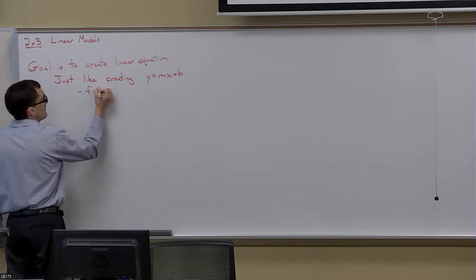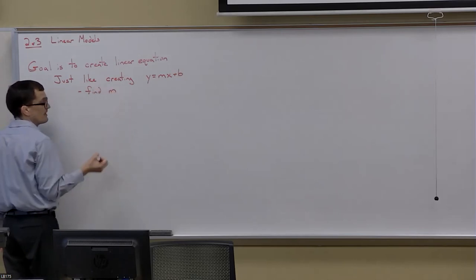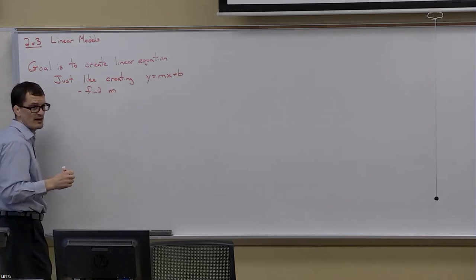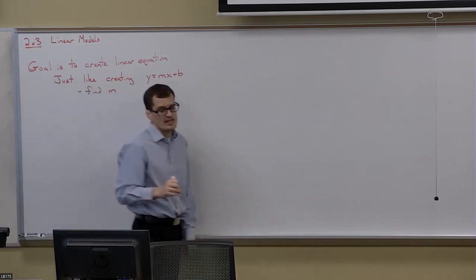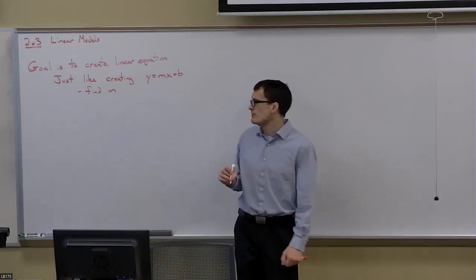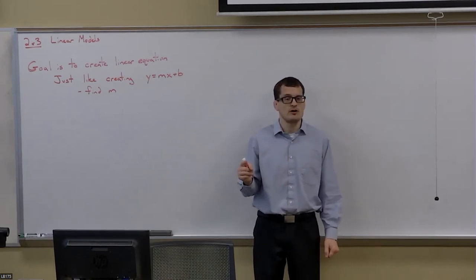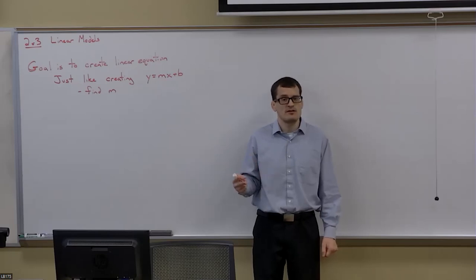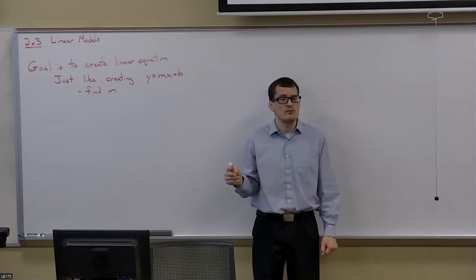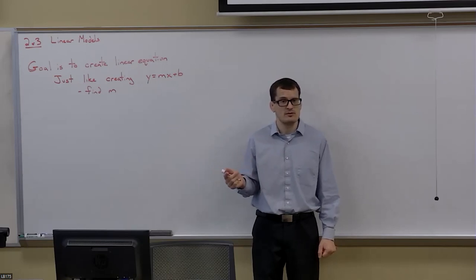So we're going to find the slope using whatever tools we have. In section 2.1 and 2.2, we found the slope. Well, one way we found the slope was when the slope was given to us. Another way is if we have 2 points, we can calculate slope by y2 minus y1 over x2 minus x1.